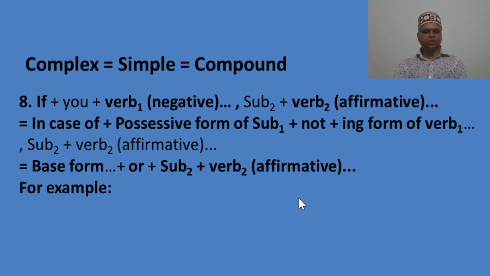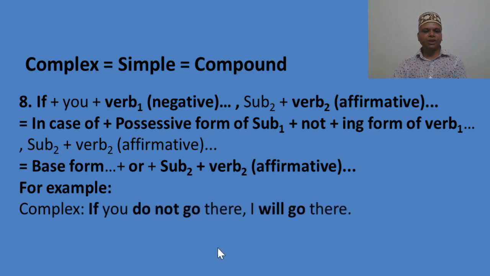Now look at the example: if you do not go there, I will go there. So look at the complex sentence. If follows second person, and second person follows a negative form of a verb, and the verb of the principal clause is in affirmative.